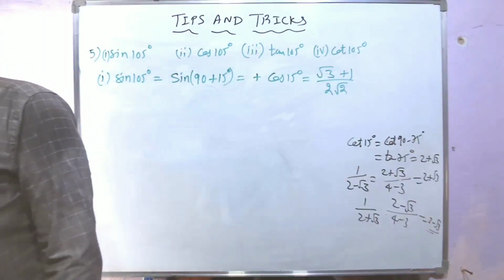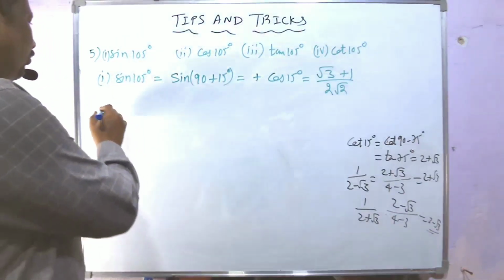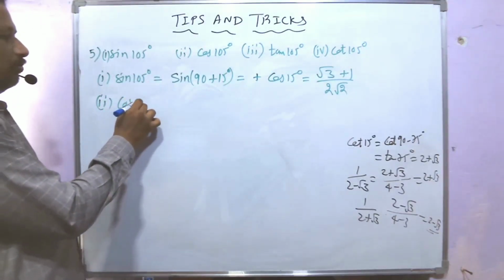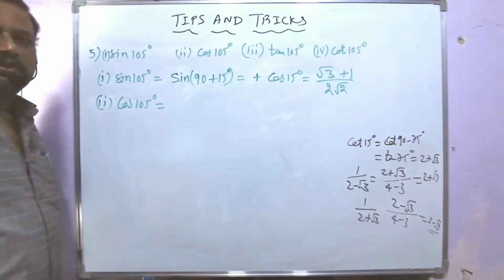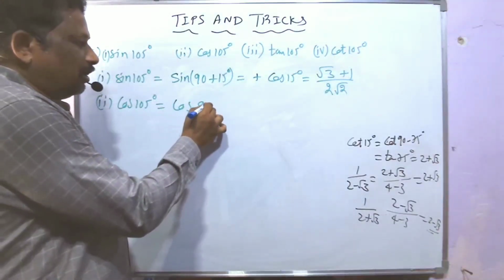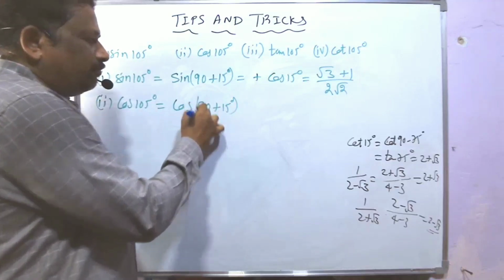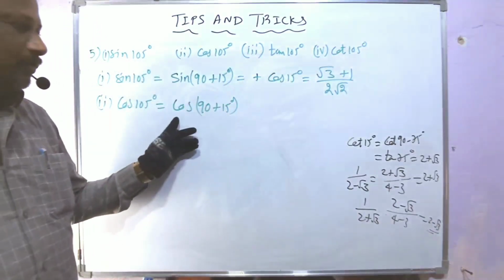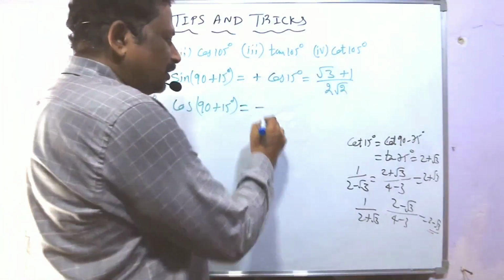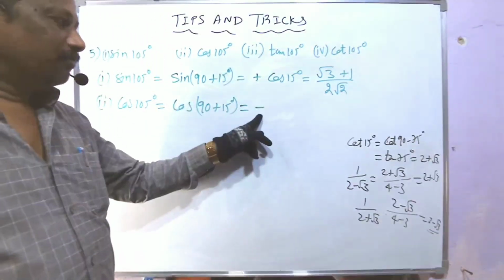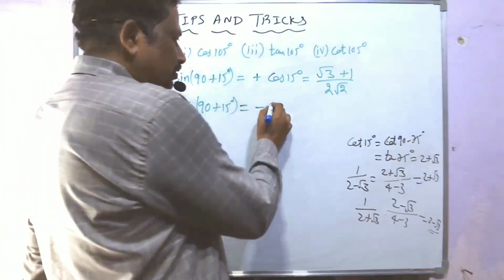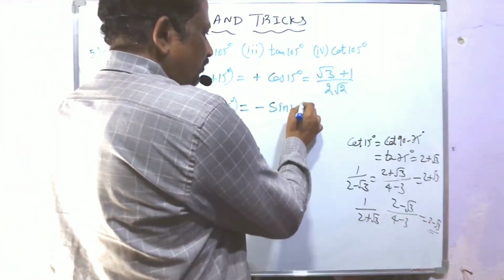Next, coming to cos 105 degrees, the second one. This also we can write as cos (90 plus 15) degrees. It falls in the second quadrant. Cos is not positive in the second quadrant, so a negative sign will come, and it is operating on the y-axis, so cos changes to sin: sin 15 degrees.